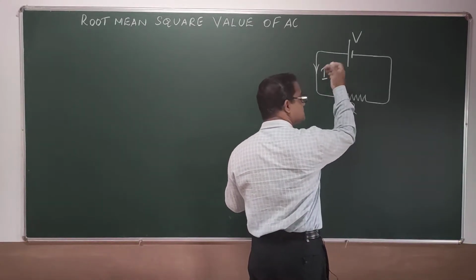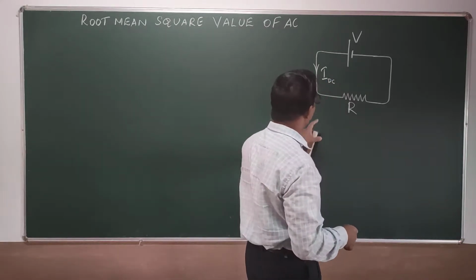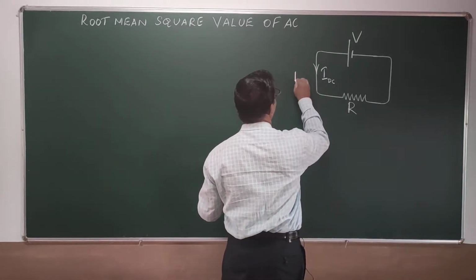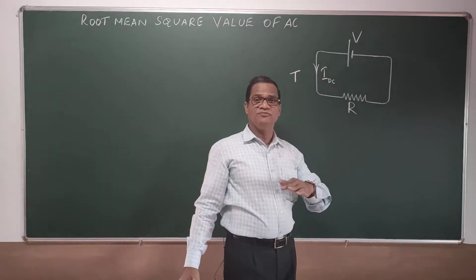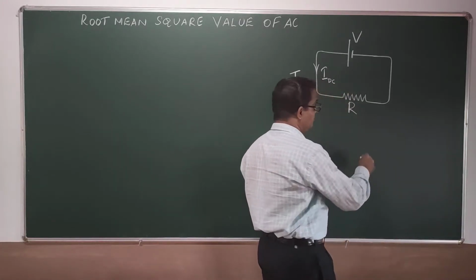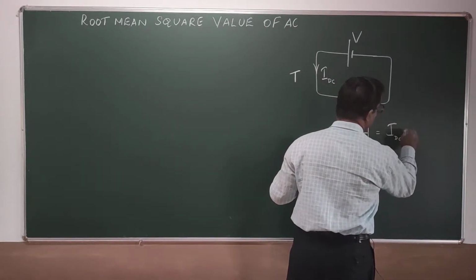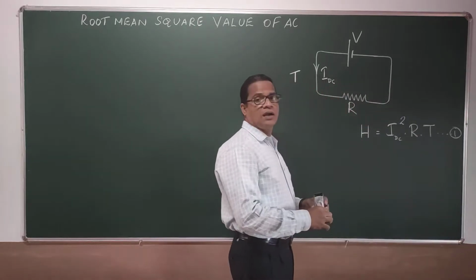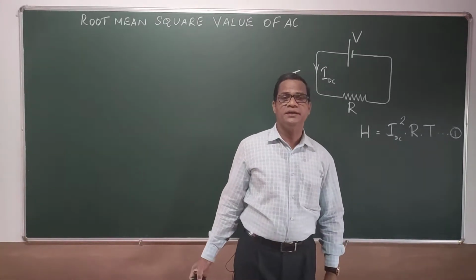This is a steady current or DC current, let us say I_DC. If I allow this steady current to flow through the circuit for a time duration capital T, let this be the time period of the AC, then the heat energy developed H will be equal to I_DC squared into R into T. This is based on what we call Joule's heating effect.